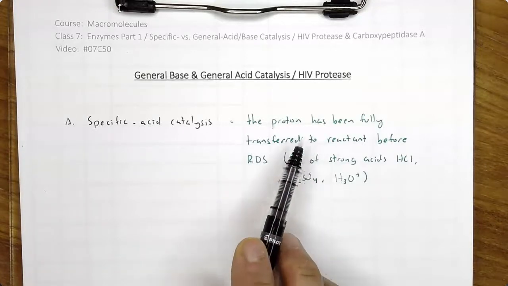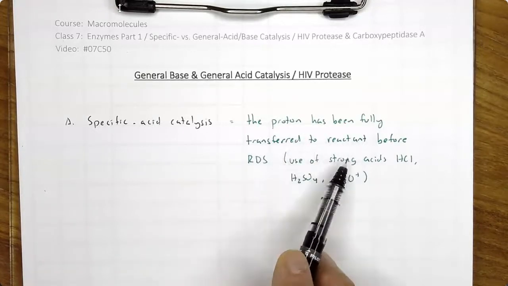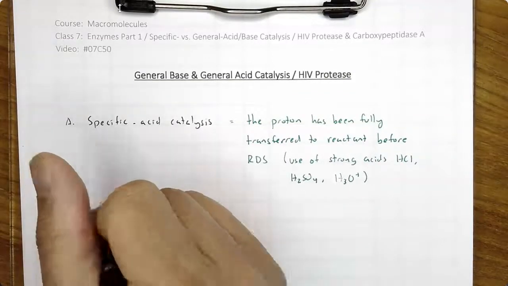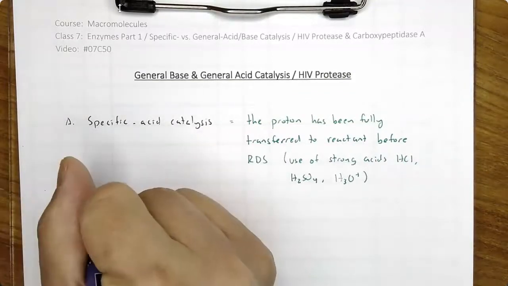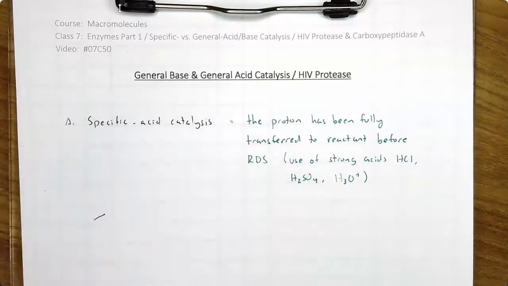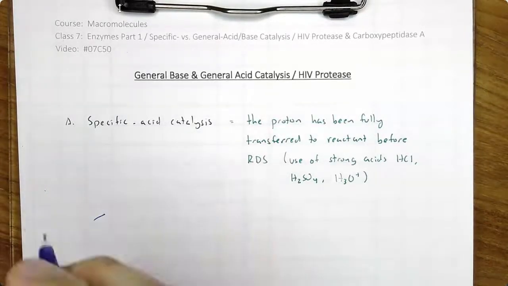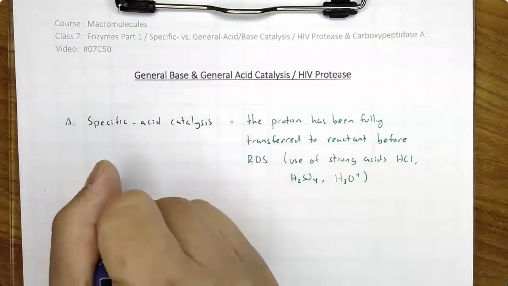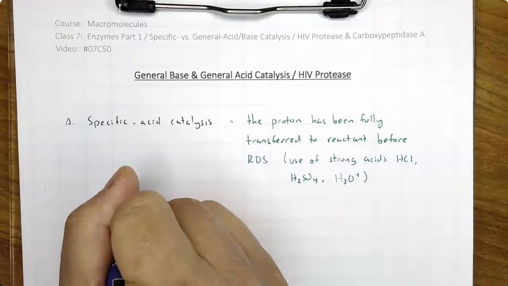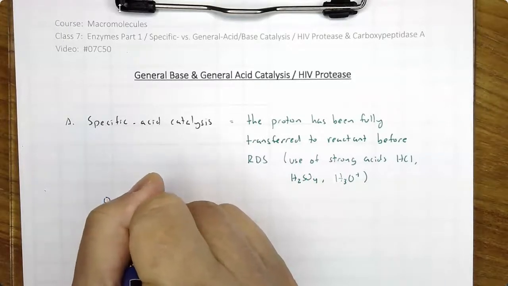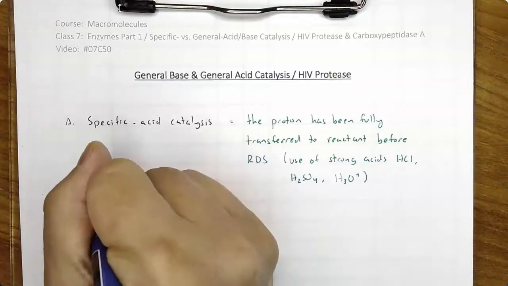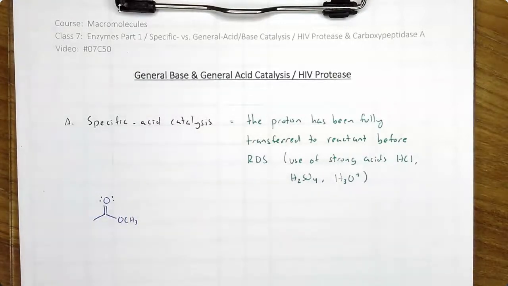We want to remember that the proton has been fully transferred to the reactant before the rate determining step. I'll do a very simple reaction. We're going to attack this ester. It's the beginnings of hydrolysis. So here we have the proton fully transferred to the reactant.